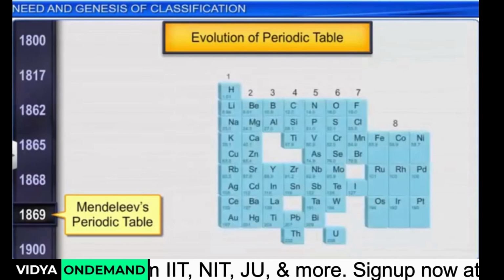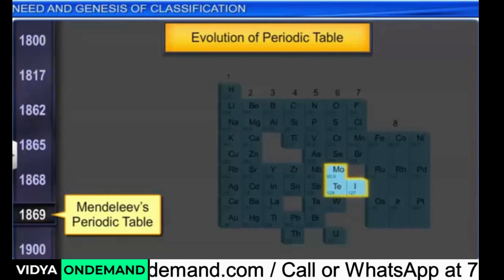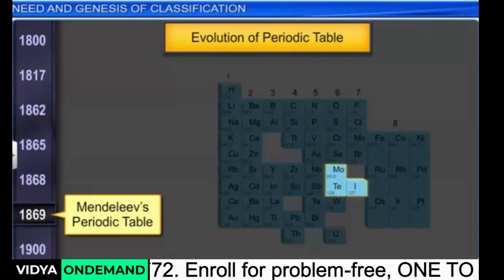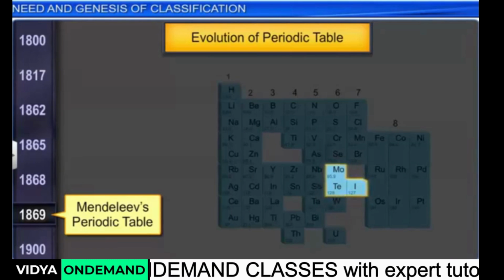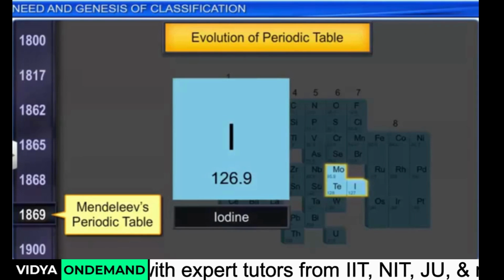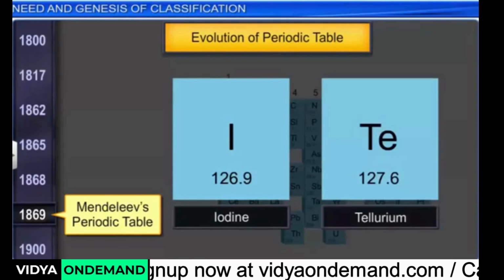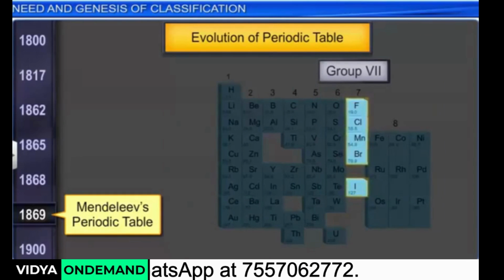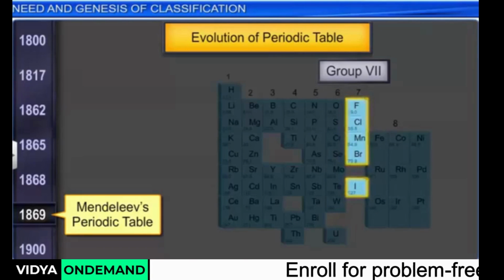This made him occasionally ignore the order suggested by atomic weights to classify elements with similar properties together. For example, iodine with lower atomic weight than that of tellurium was placed in group 7 along with fluorine, chlorine and bromine because of its similarities with their properties.